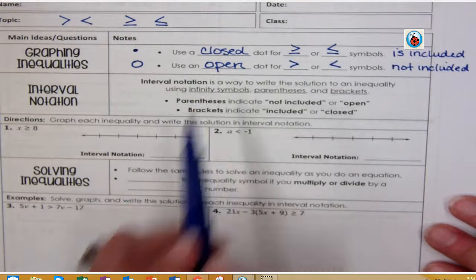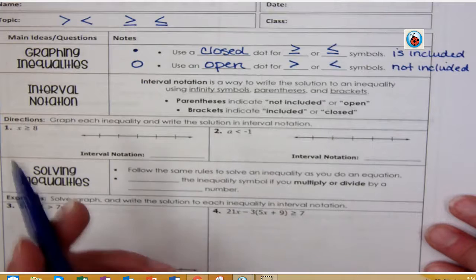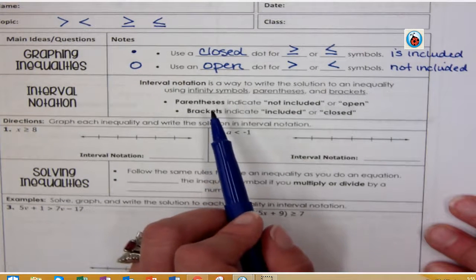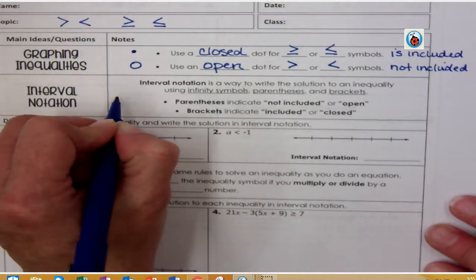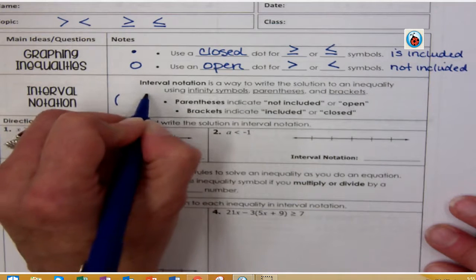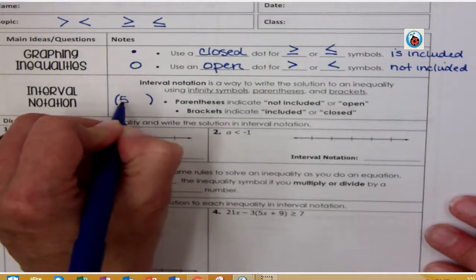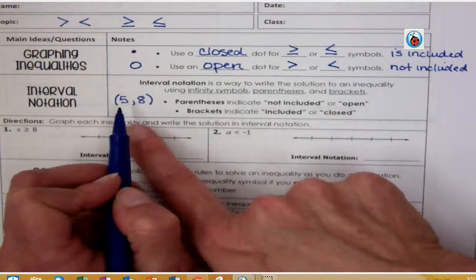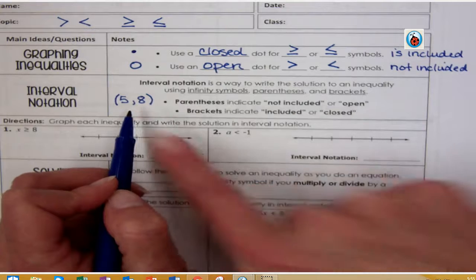Interval notation is a different way to write inequalities, and we're going to talk about both. This is basically when you use parentheses or brackets. So the parentheses, for an example, if you were to write an interval notation like this, 5 to 8, basically what that means is that it is all the numbers between 5 and 8, but not included.